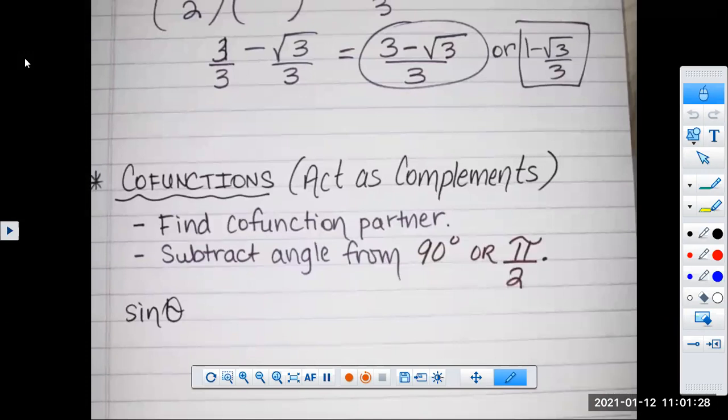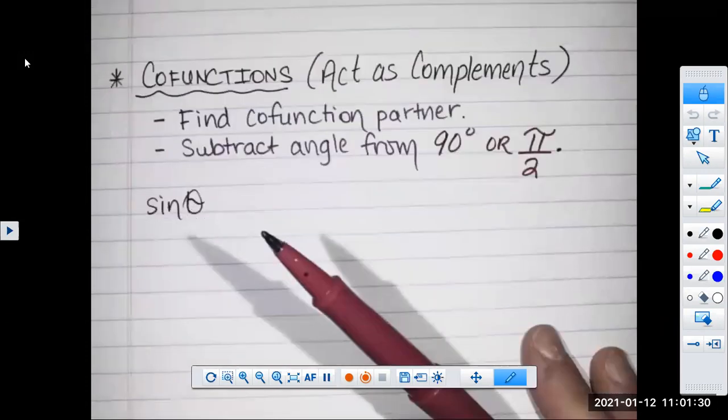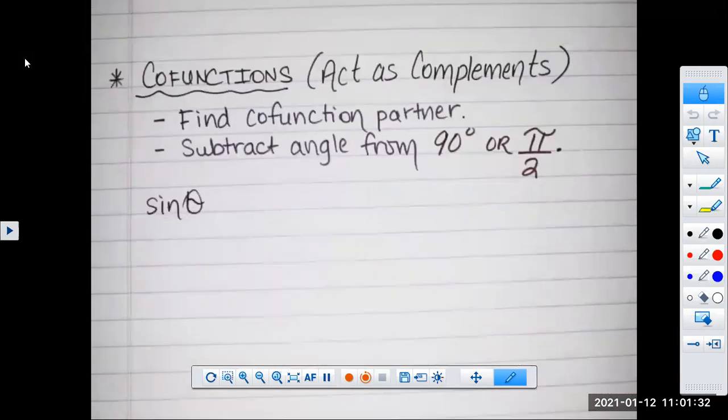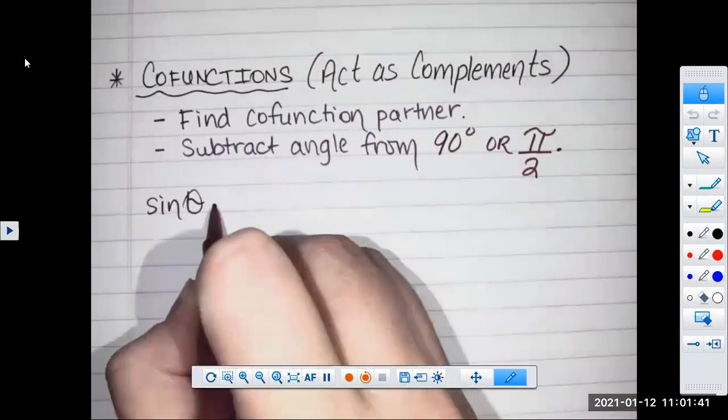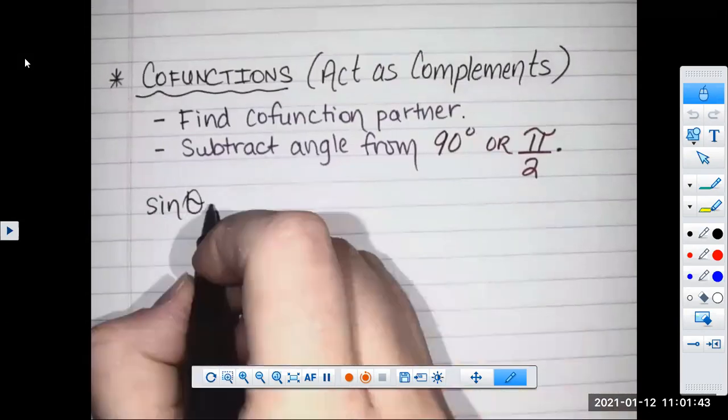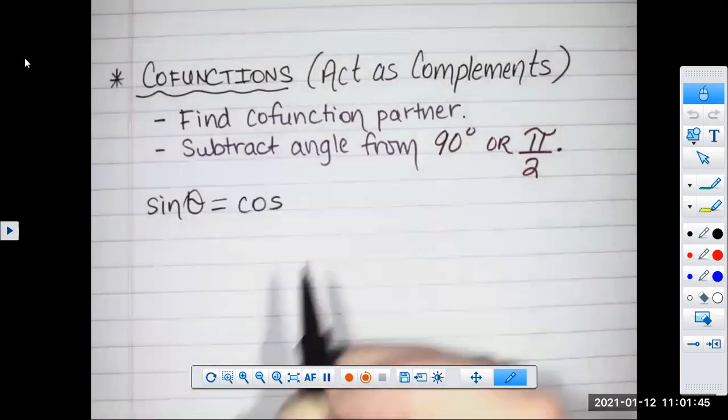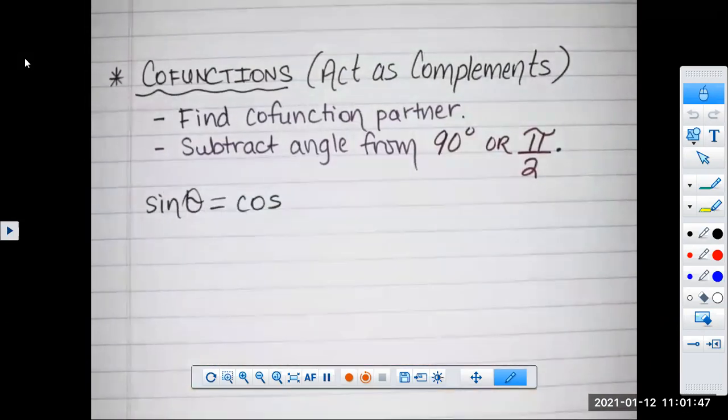And how you find a cofunction value is really easy. You find what its cofunction partner is, and sine and cosine are partners. Sine and cosine are cofunction partners.